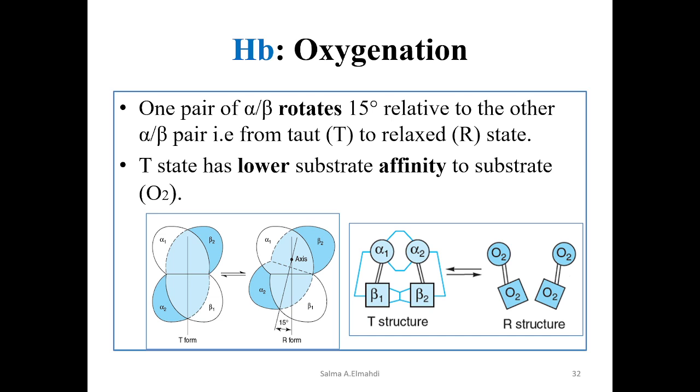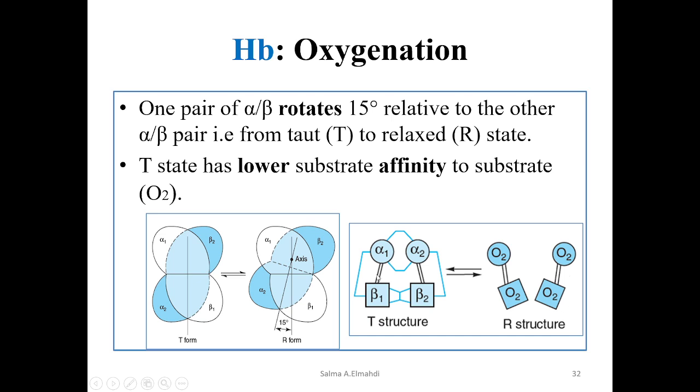As you can see here, the difference in the shape is by 15 degrees. If this represents the letter X, you can see here the two arms of the X are wider by 15 degrees.